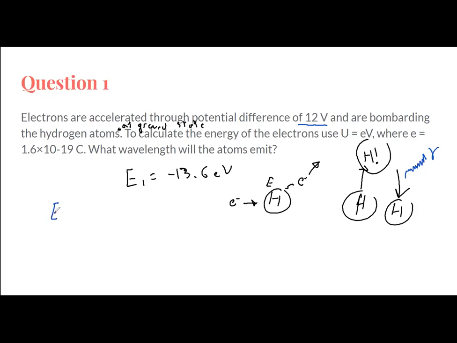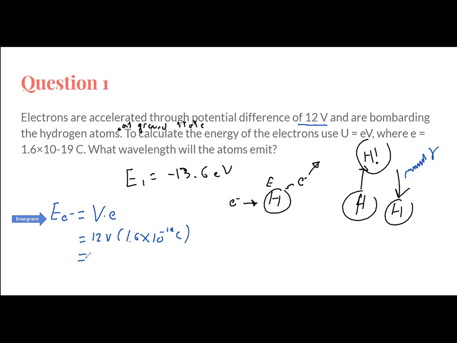So the energy of a single electron is the potential difference it's been accelerated through times its elementary charge. So that will be 12 volts times the elementary charge of an electron, 1.6 times 10 to the negative 19. I won't expect you to memorize the elementary charge, but you should know that this is how much energy an electron gets after being accelerated through a potential.